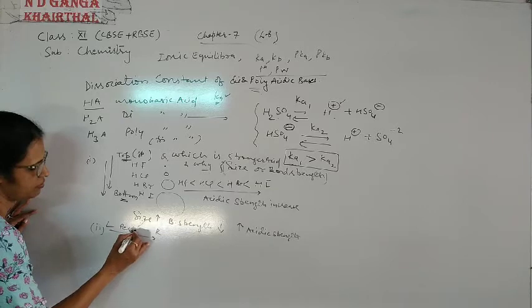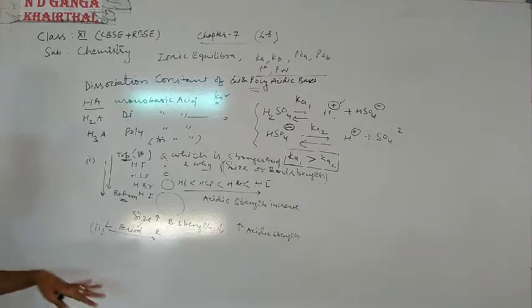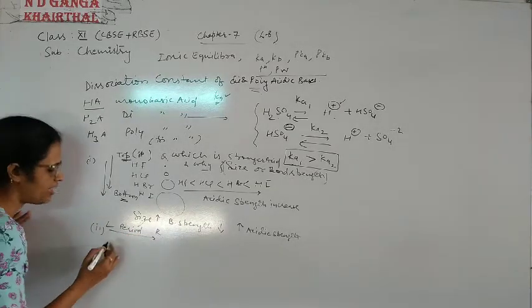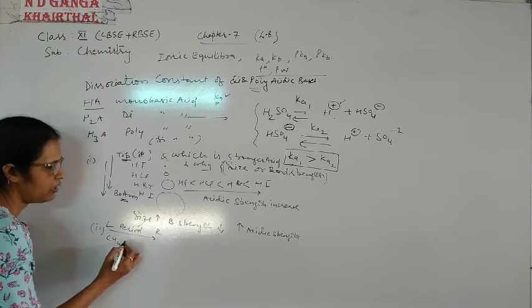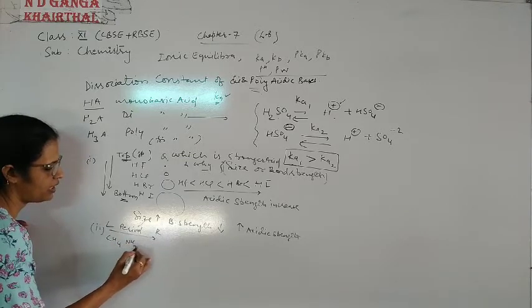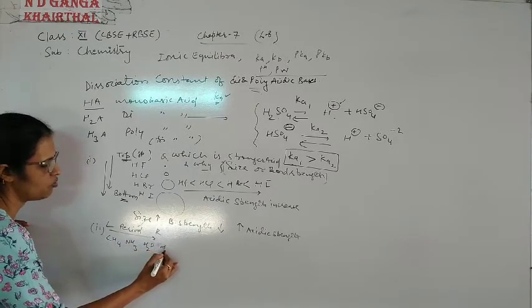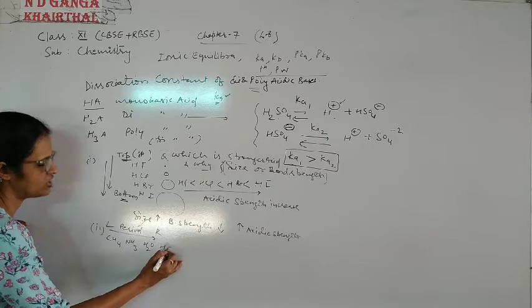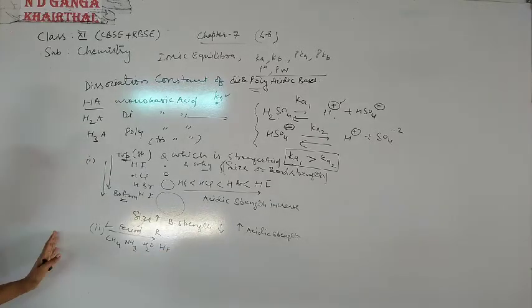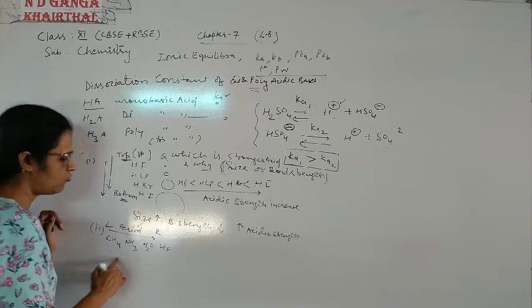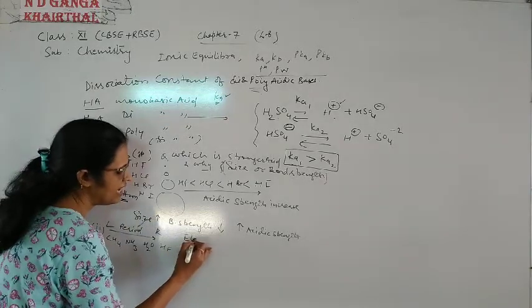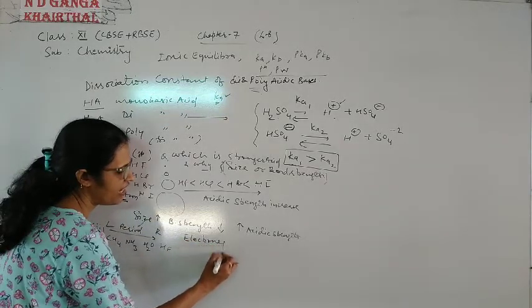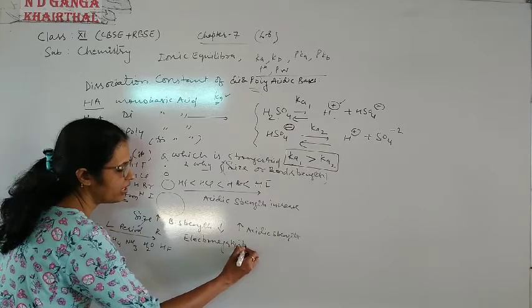But then the second question arises: if we move from left to right in a period, for example methane, ammonia, H2O, HF, what will happen? When we move in a period, we see that electronegativity increases, so the electronegativity difference increases.